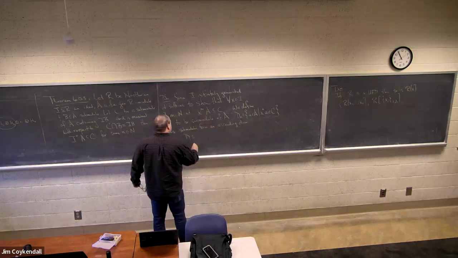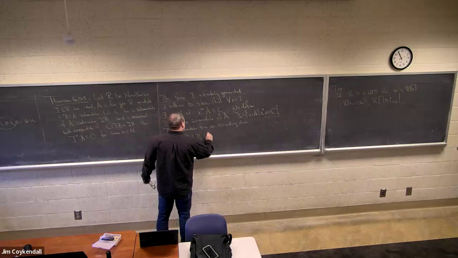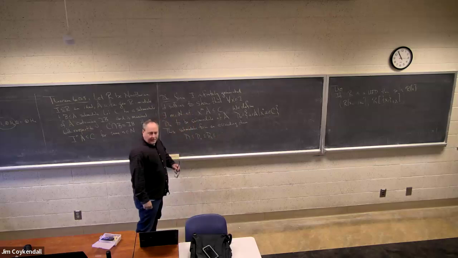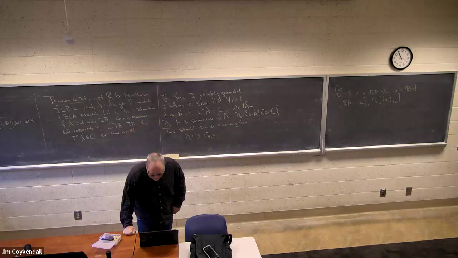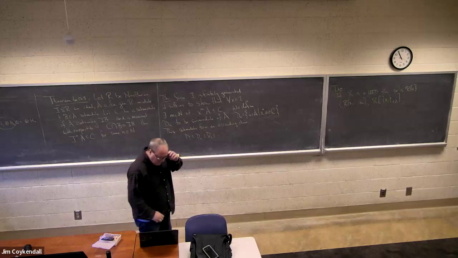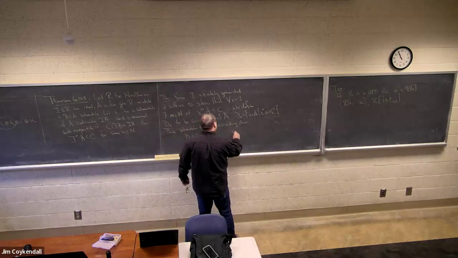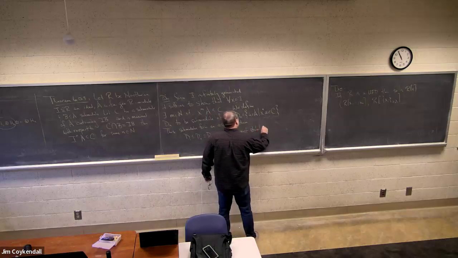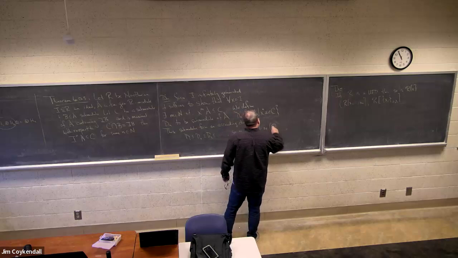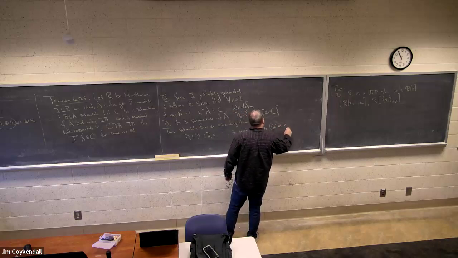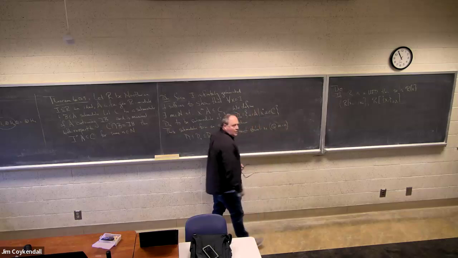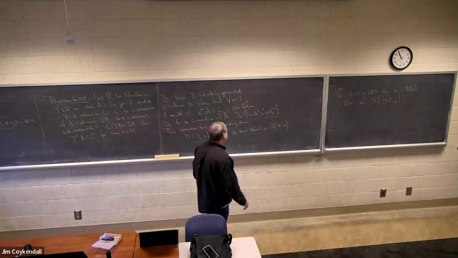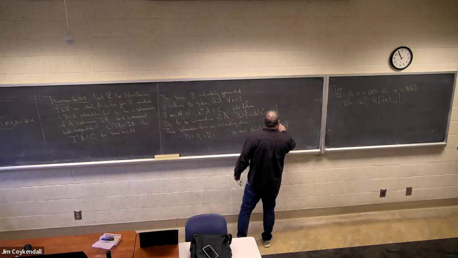So it's easy to see that D1, D2, D3, etc. And of course, A is finitely generated and R is Noetherian, so these must stabilize. We'll say that it stabilizes at m.